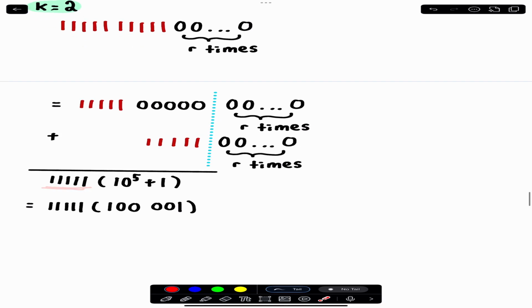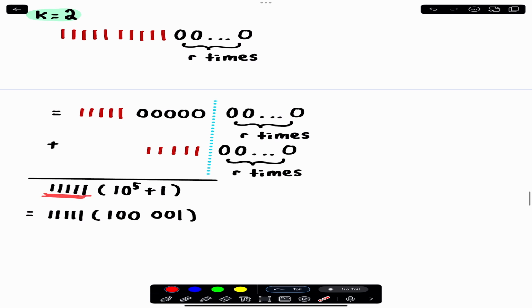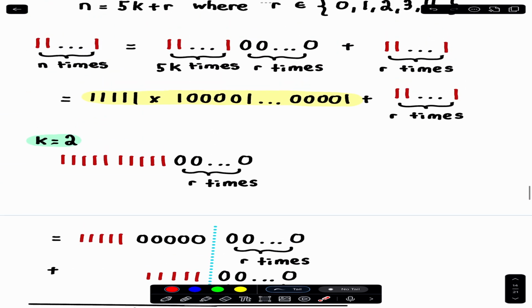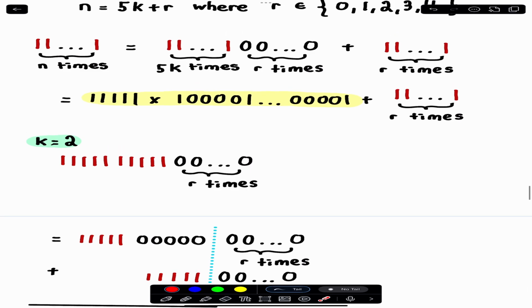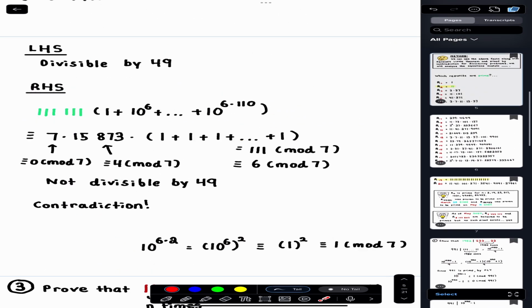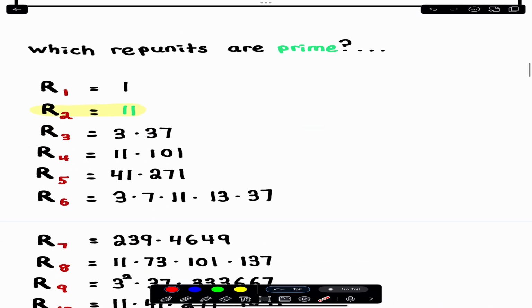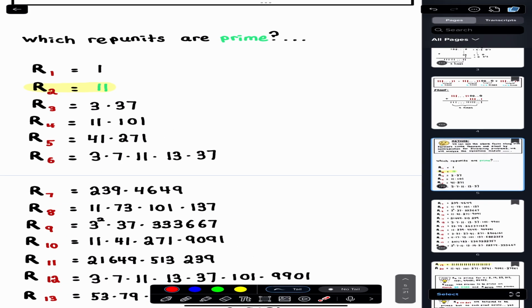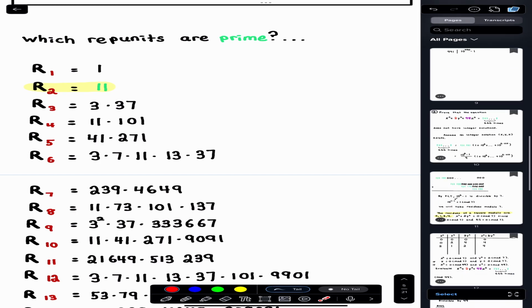This may look like a very random number to pull out, but as I said before, the motivation for that comes from the fact that in our chart over here, we have R5, so the fifth rep unit is equal to 41 times 271. That's going to come in very handy in the next step.